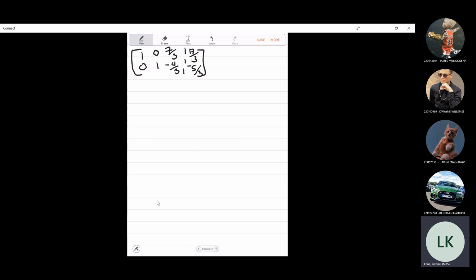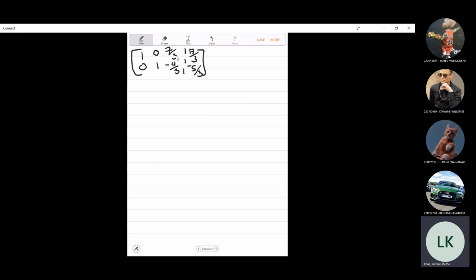So that is what I have. You can try as much as possible, but you cannot make these ones with a 0 and a 1 without changing one of these. So here we can stop and say that we have a rank of 2.